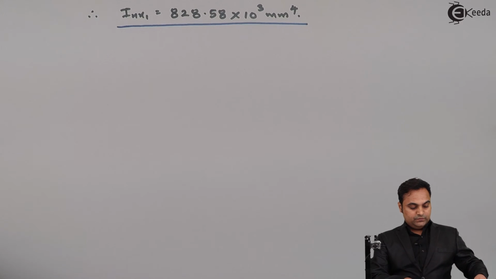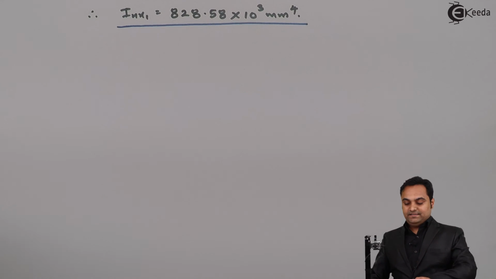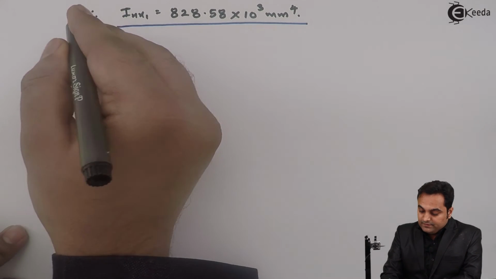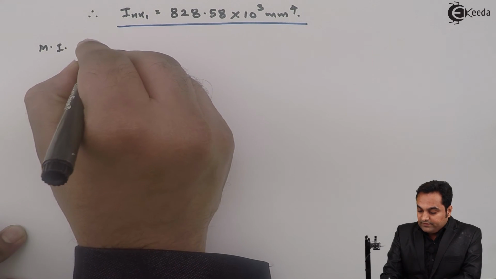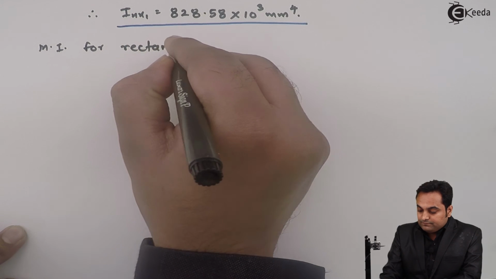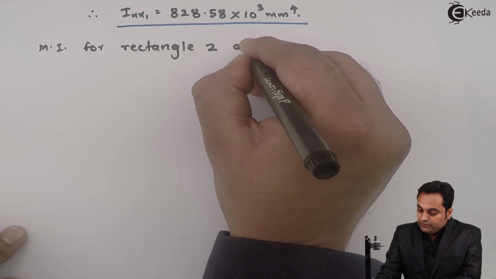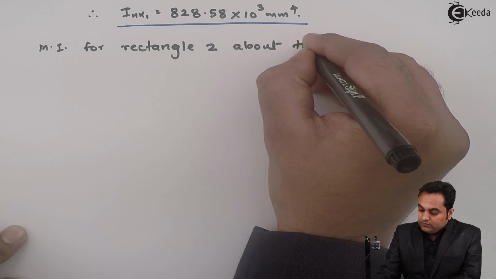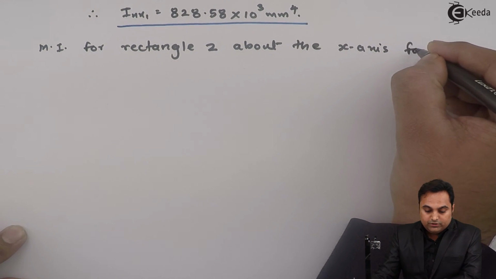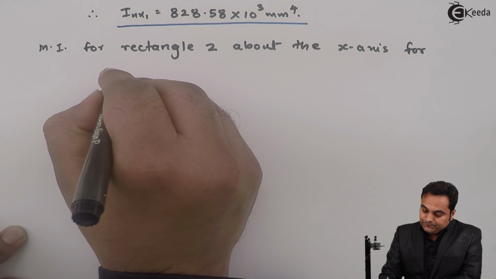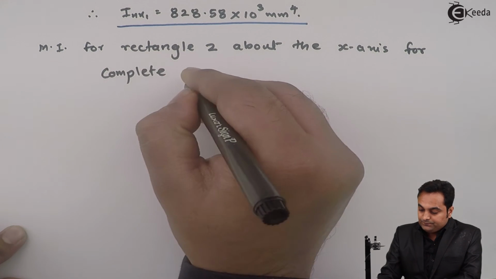After getting Ixx1, I can find out Ixx2 in a similar manner, that is MI for rectangle second about the x-axis for complete section.